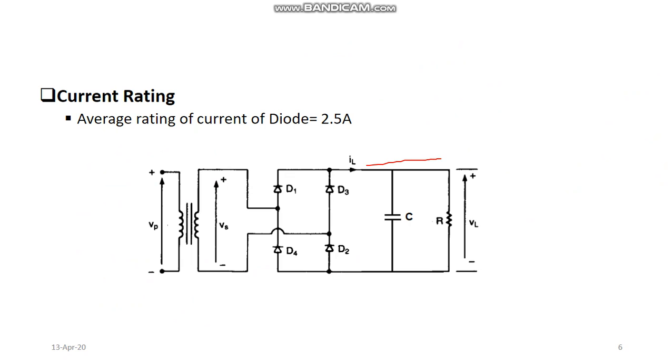If my load current supplied to this resistor is 5 ampere, and we consider that no voltage, no current is being sunk to this capacitor, so we can say that this 5 ampere current is being supplied by these two branches.